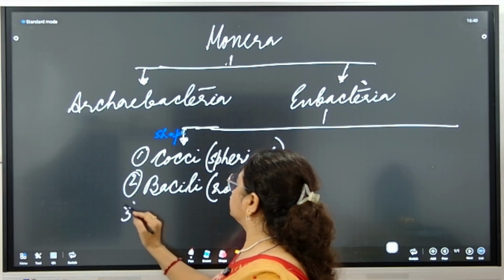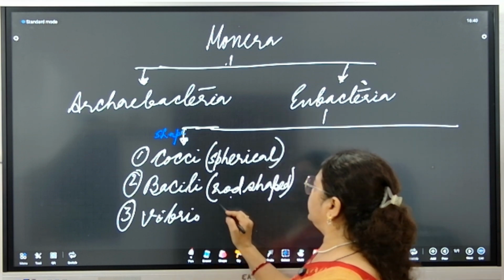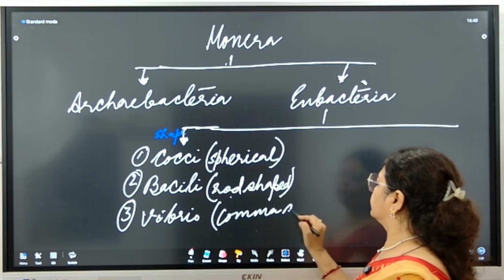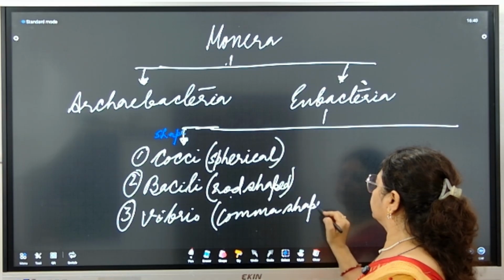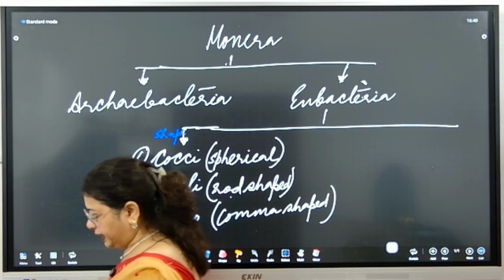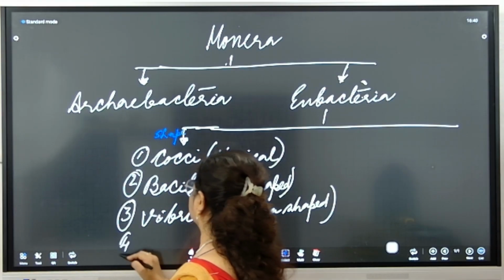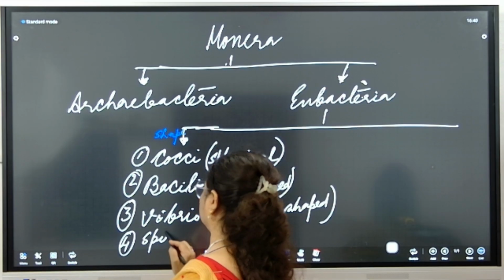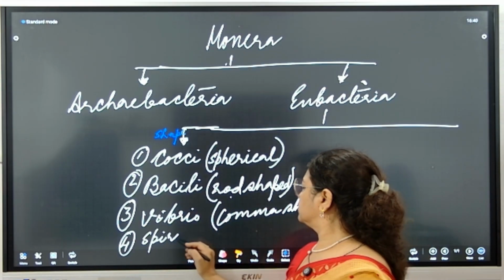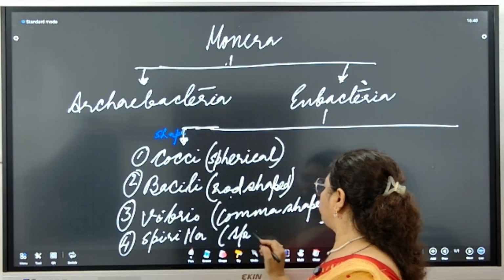Number 3 is Vibrio, and their shape is comma shaped. And next is Spirilla, their shape is spiral.